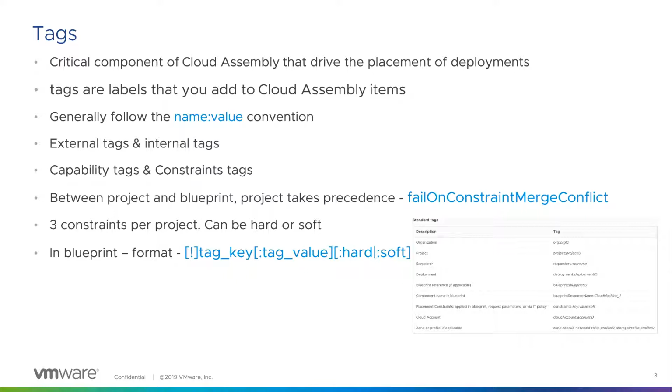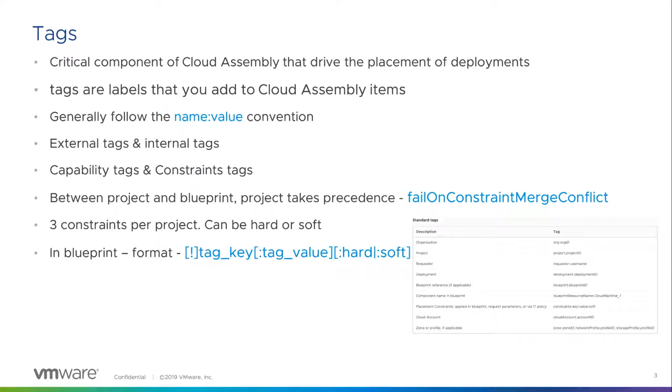Now, you can define tags in multiple areas, especially project and blueprints. That's where you put the custom constraint tags. If you have defined a tag which is conflicting between blueprint and project, remember that project always takes precedence, right?